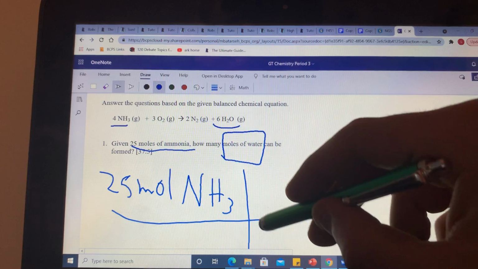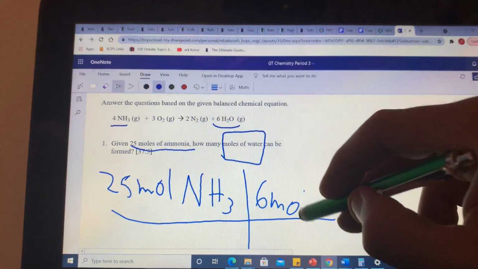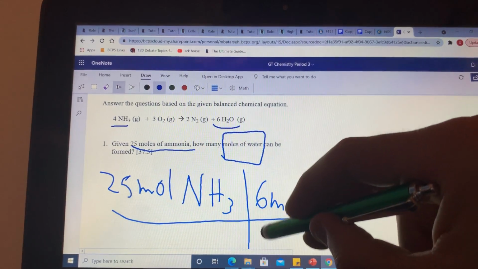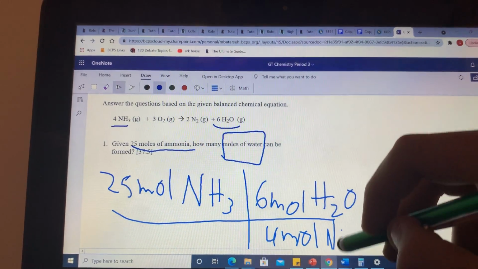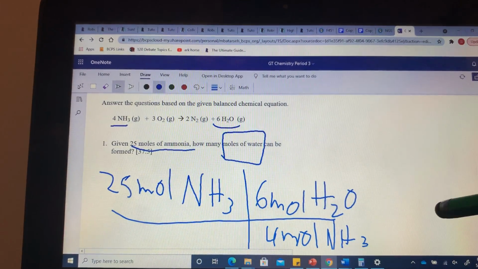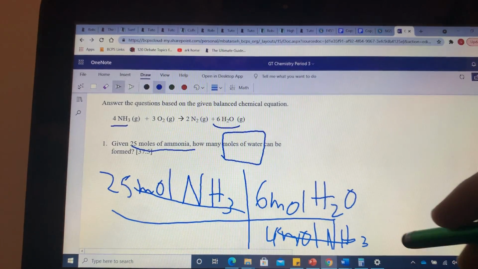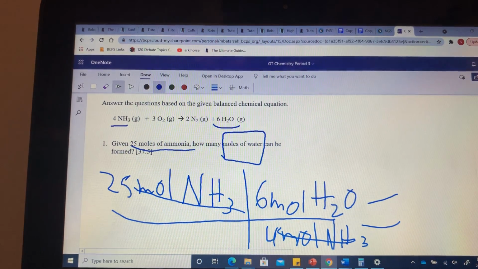So we have times 6 moles of H2O over 4 moles of NH3. Then these cancel out, and we're left with 6 times 25 is 150.